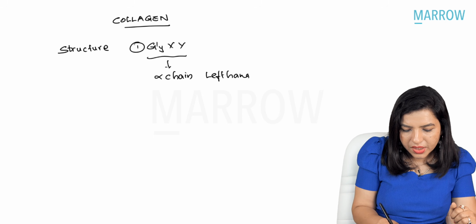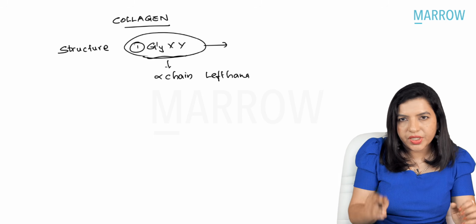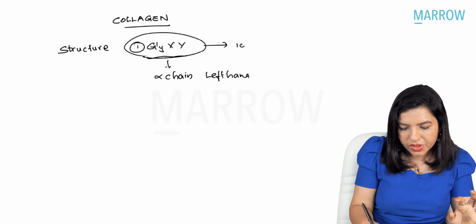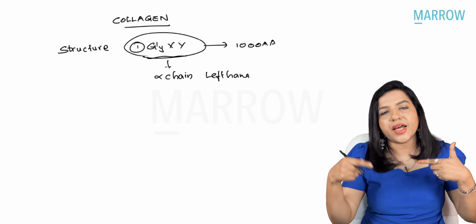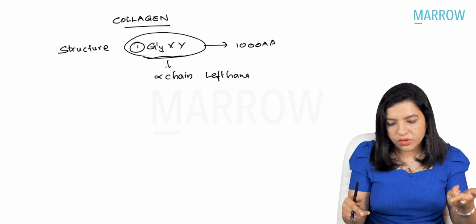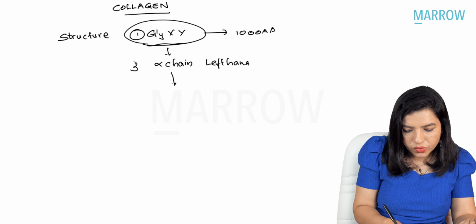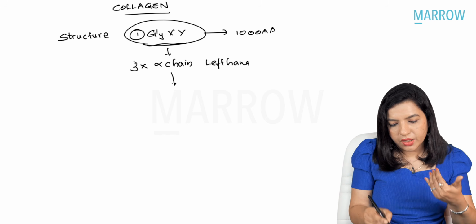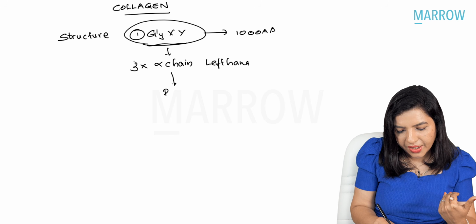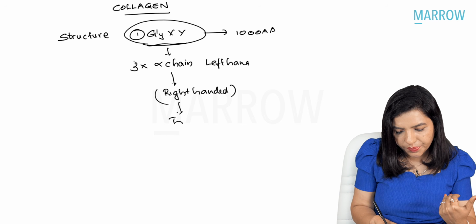This glycine-X-Y repeat, a sequence of around 1000 amino acids, forms a left-handed turn, and that is called the alpha chain. Now the 3 alpha chains turn in a right-handed direction, and it forms what? The triple helix.